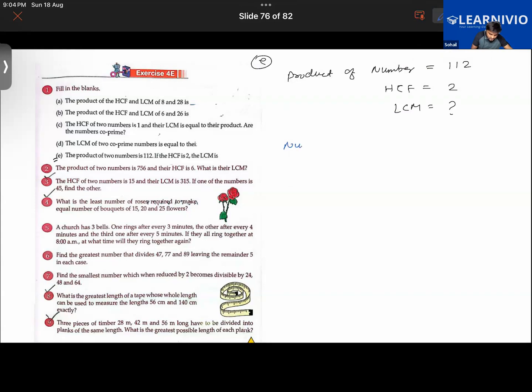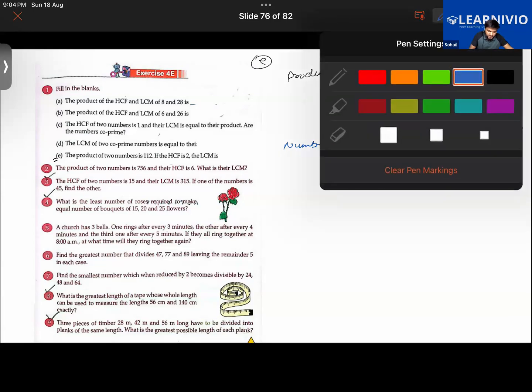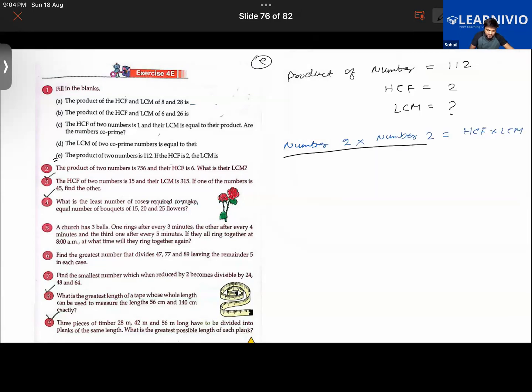Now number 1 multiplied by number 2 is equal to HCF multiplied by LCM, right? Number 1 multiplied by number 2 is basically the product of the numbers, right, Habib?